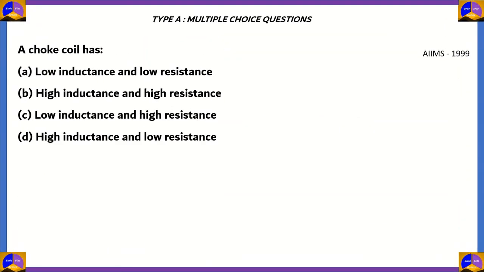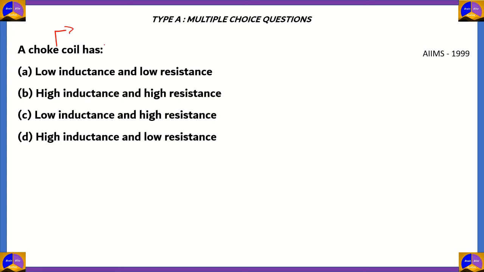Let's look at our next question. A choke coil has low inductance and low resistance, high inductance and high resistance, low inductance and high resistance, high inductance and low resistance. Before we jump in to our options, let's understand what is a choke coil.